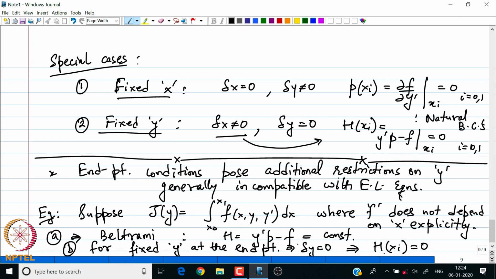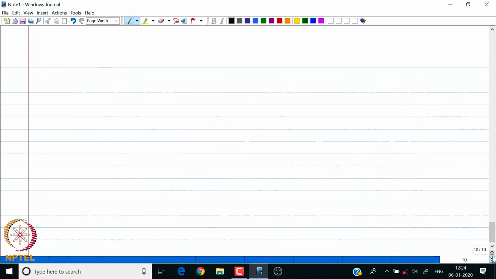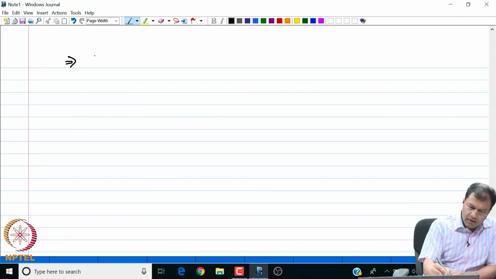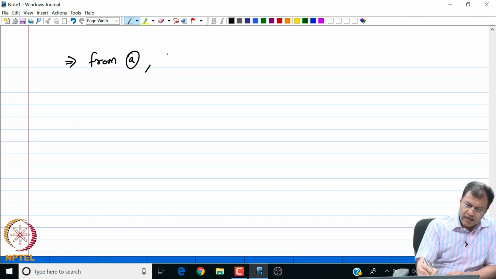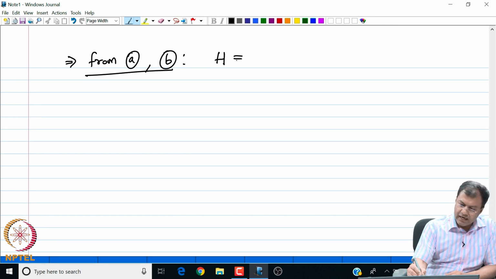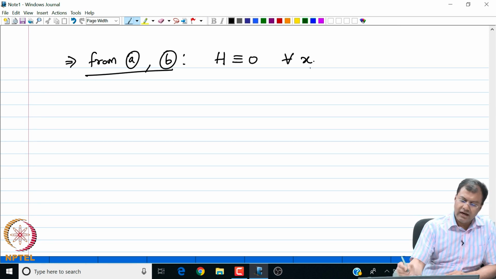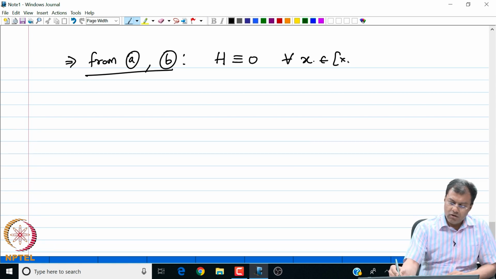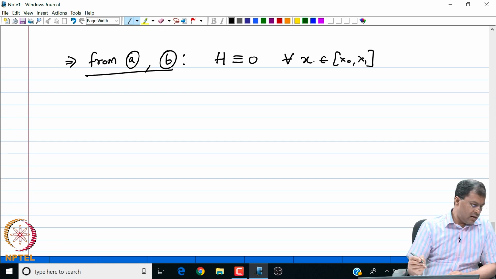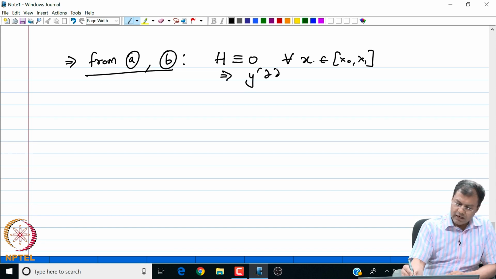So it must be 0 for all x in the interval x0 to x1. Or I see that the Euler-Lagrange equation reduces to partial f partial y prime equal to f.